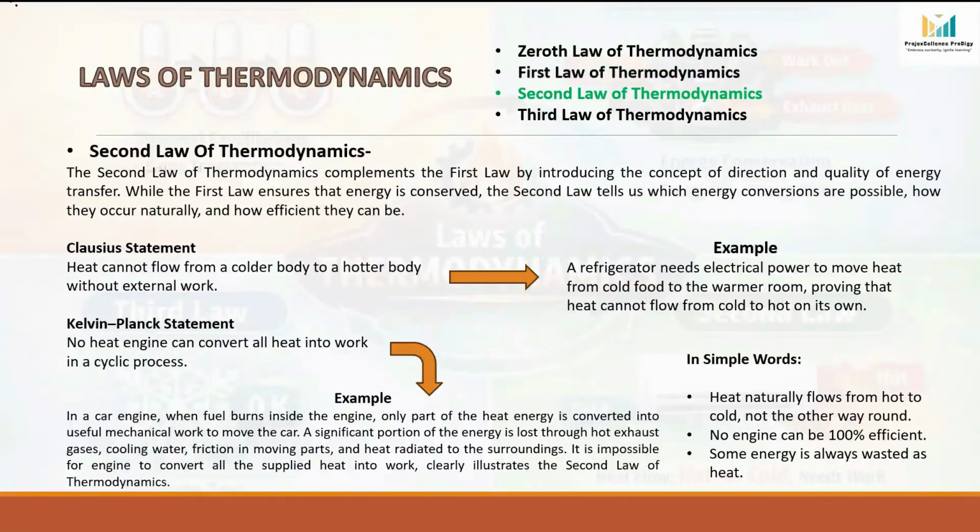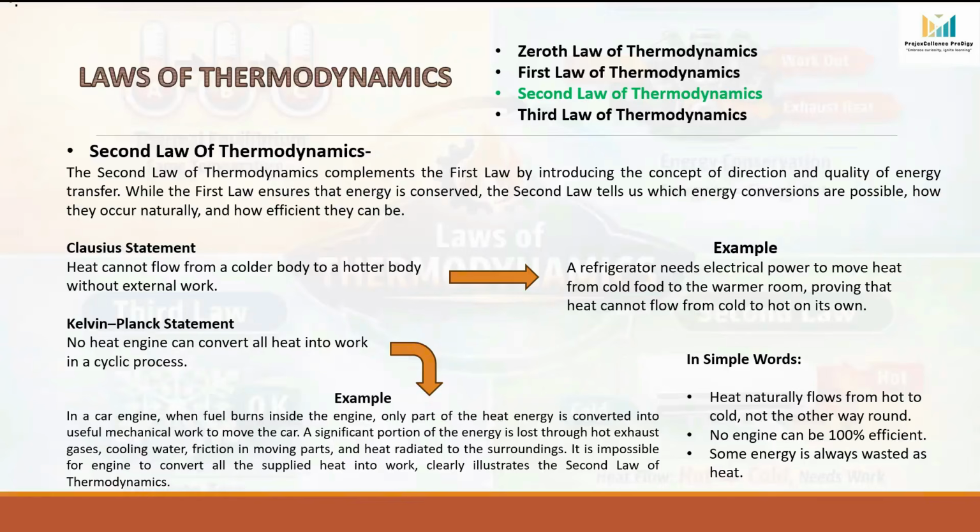Second law of thermodynamics. It tells us something very important about how energy actually behaves in the real world. We just saw the first law says energy cannot be created or destroyed. It only changes form. The second law goes one step further.